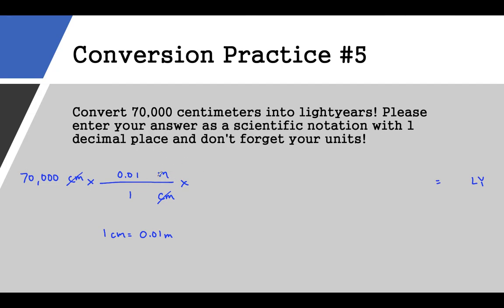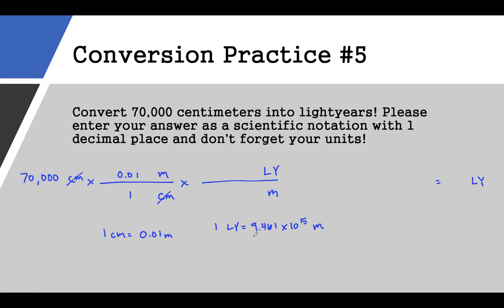Now, this is why I changed my unit into meters, because I know my meters can change into light years. And our conversion factor was 1 light year equals 9.461 times 10 to the 15th meters.